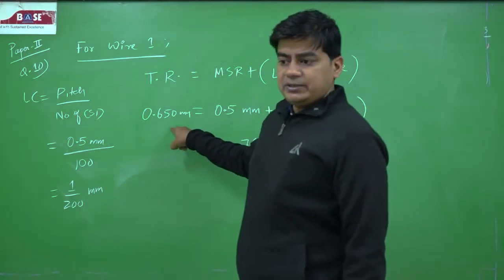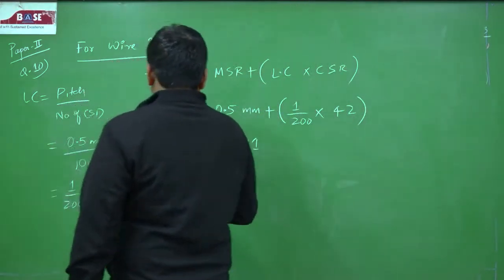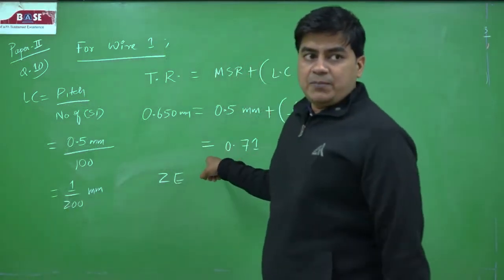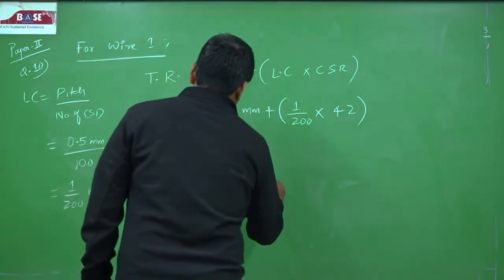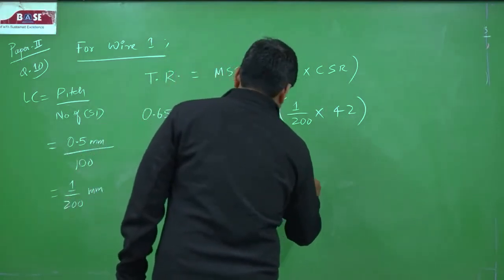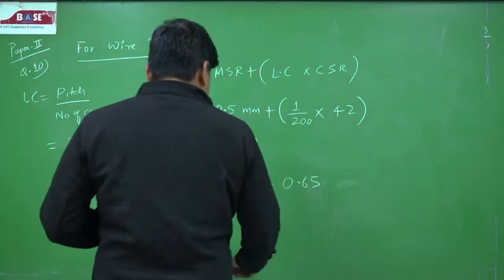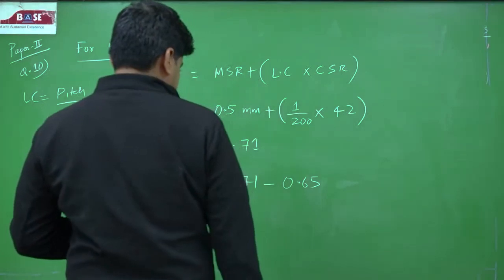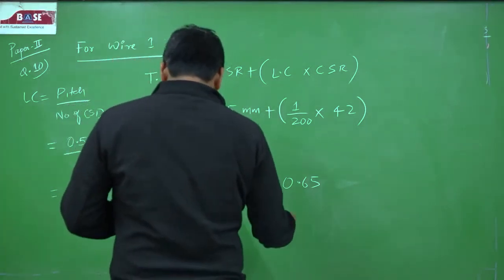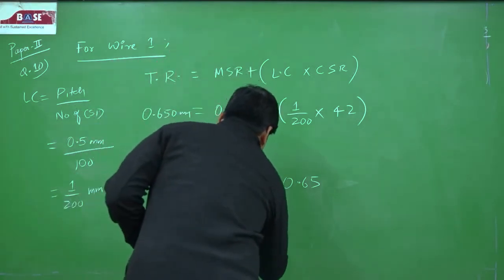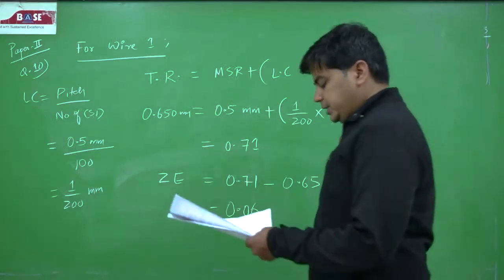This value is more than the given one, so there is a zero error, and it is positive because the actual reading is lesser. Zero error is 0.71 minus 0.65, so you'll get 0.06 mm.